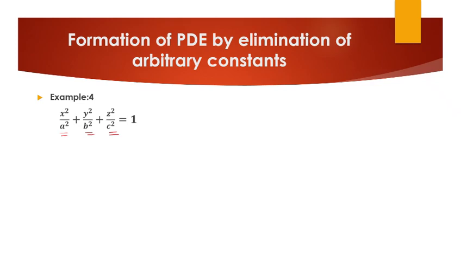Suppose the number of arbitrary constants is more than the number of independent variables, then the resultant PDE will be of second or higher order. So here also we are going to get a second order PDE while eliminating these three arbitrary constants. This is our first equation.